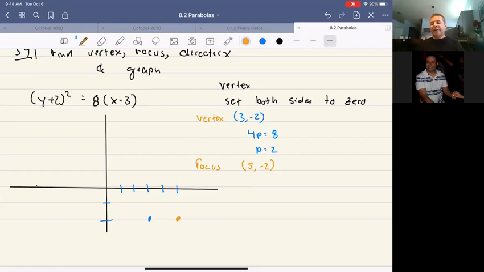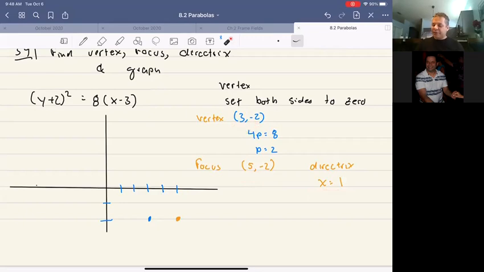And then where's our directrix? Our directrix is going to be given by x equals 1. Once we found that p equals 2, we move 2 to the right to get our focus, 2 to the left to get our directrix.